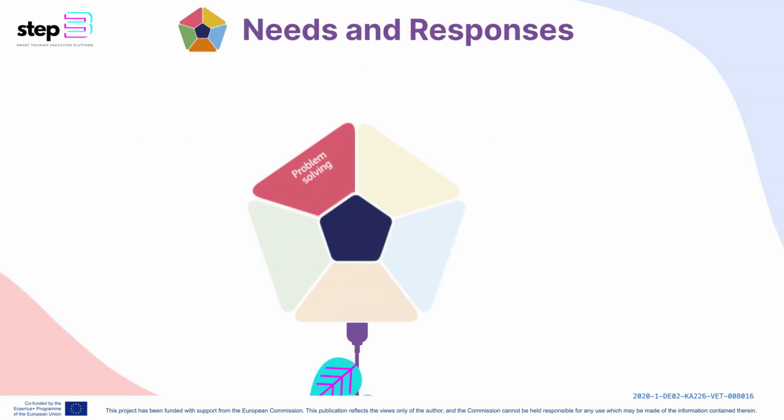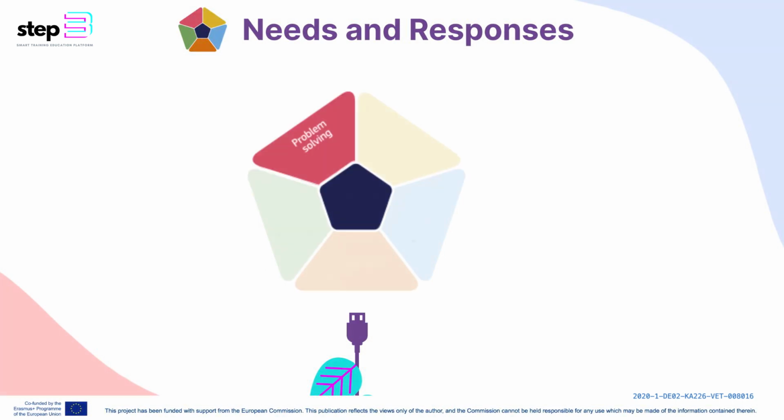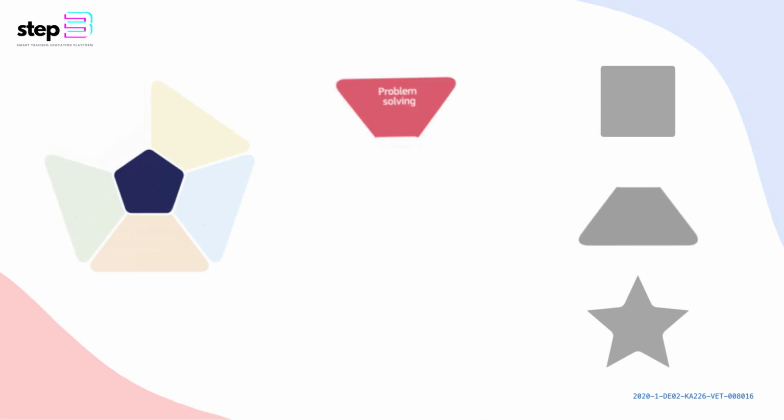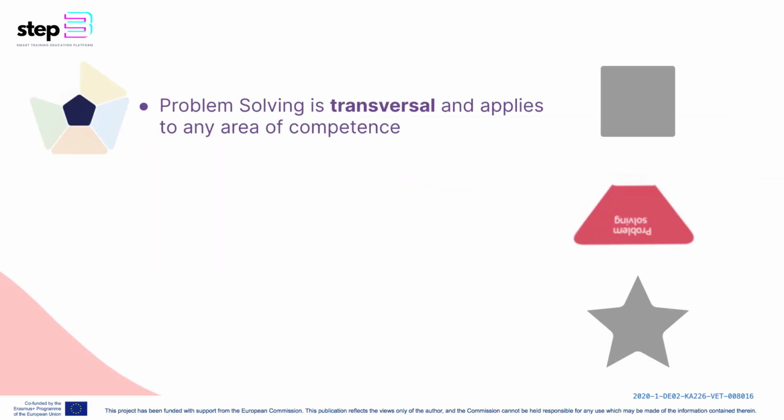What do we mean when we say that the competence of identifying needs and technological responses is part of the problem-solving competence area? Problem-solving is transversal, and it applies to any other area of competence. Addressing your needs properly and taking preventive measures for your own benefit will improve your experience in any digital environment.